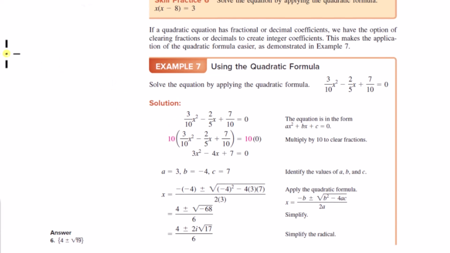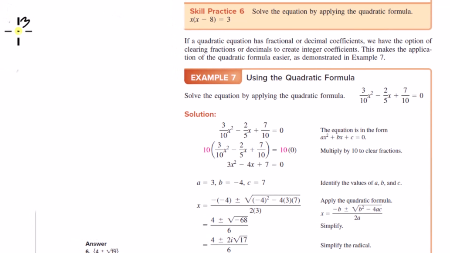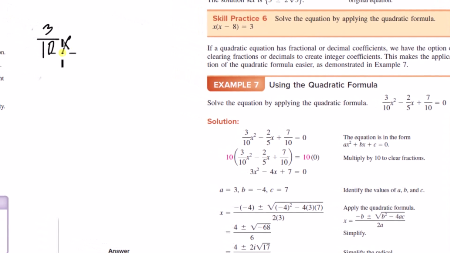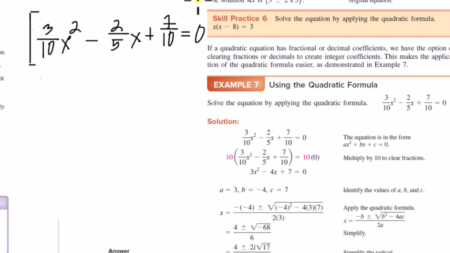So this problem is 3/10 x squared minus 2/5 x plus 7/10 is equal to 0. Now we can clear the fractions by multiplying this entire equation by 10.